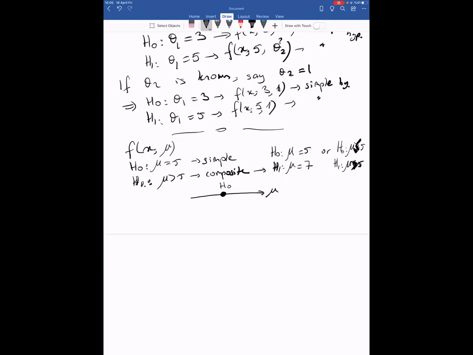Okay, so in the alternative hypothesis, we are stating that we don't have this value, but our value is greater than 5. So this is the region that we have.